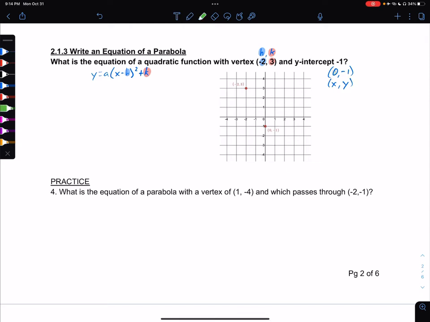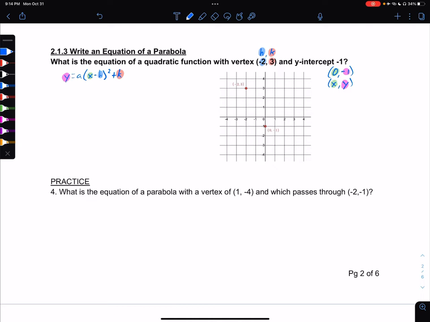So now my x value is going to be 0, and my y value is going to be -1. So notice that we have 4 out of the 5 variables: y, x, h, and k. So that means we can now figure out what a is after we've substituted.